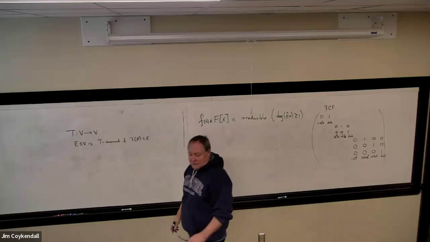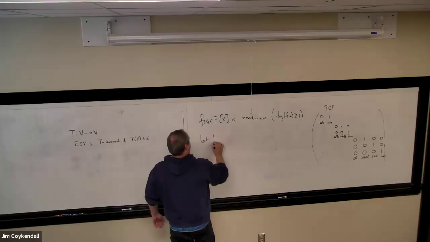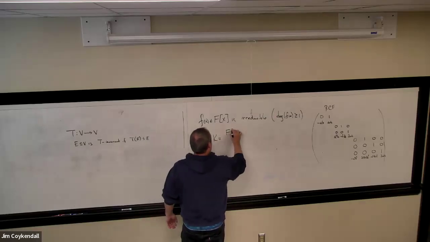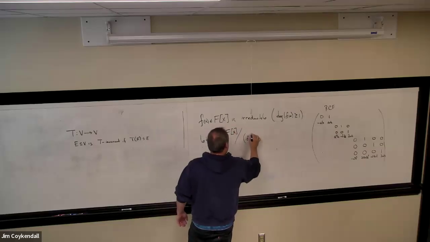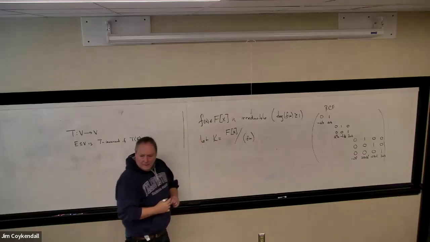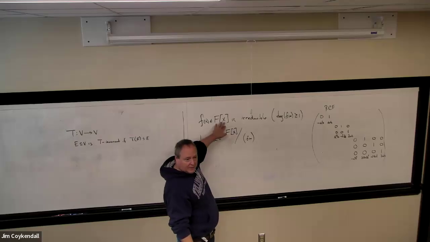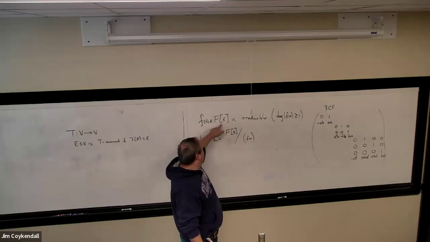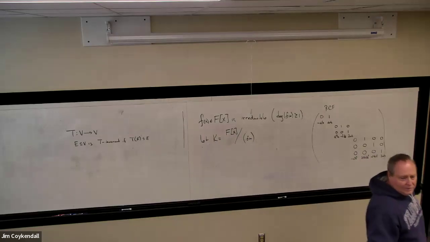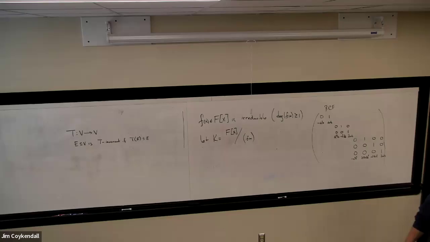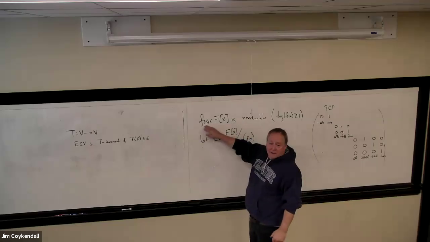Here's the way you construct a field. That's the construction right there. You just take this polynomial in F[x]. Now F[x] is a principal ideal domain. In fact, it's a Euclidean domain, right? And that means f of x is irreducible in here.